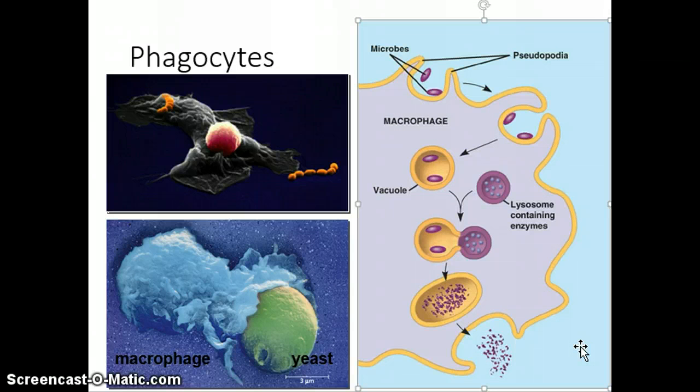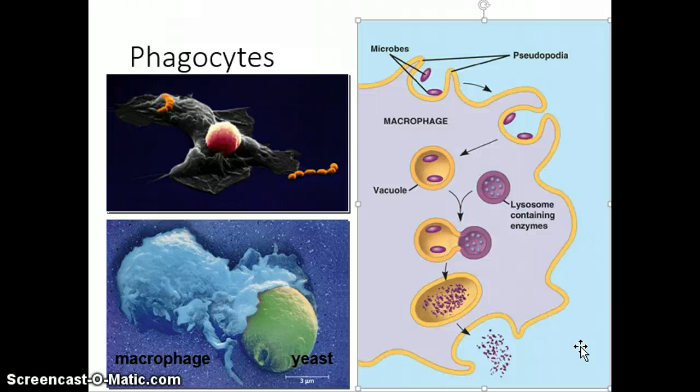So these phagocytic cells can detect different components of a pathogen through receptors that are very similar to the toll receptors that insects have. Every mammal does have what we call toll-like receptors, or TLRs, which bind to fragments of molecules that are characteristic of a specific set of pathogens.